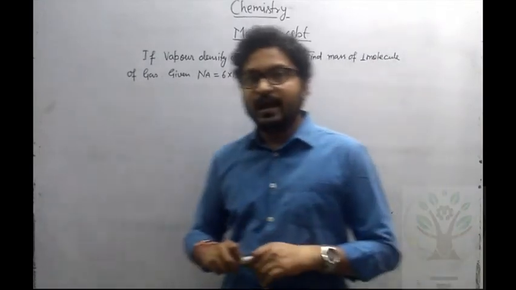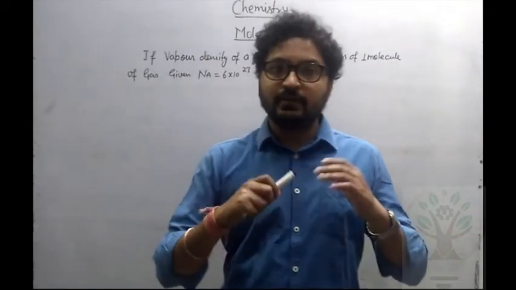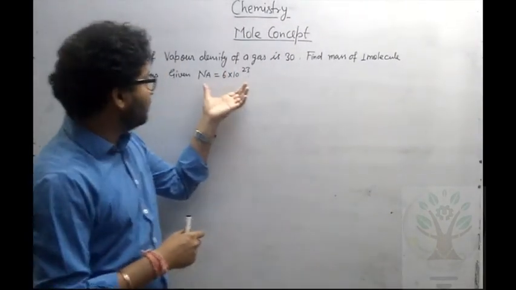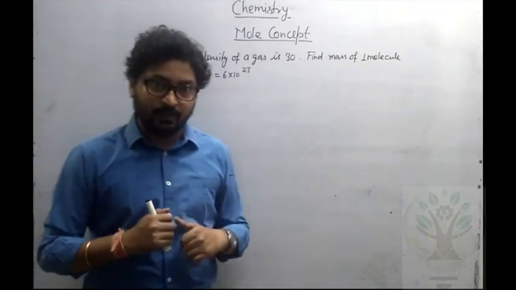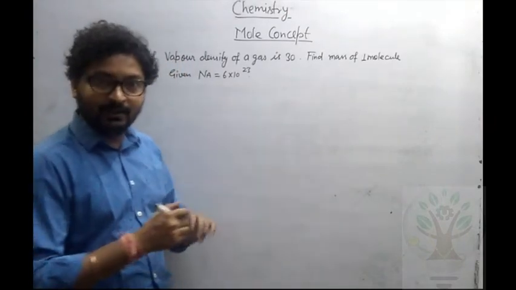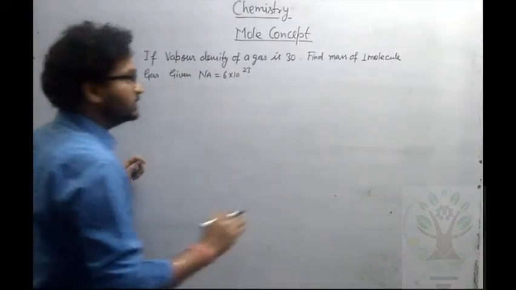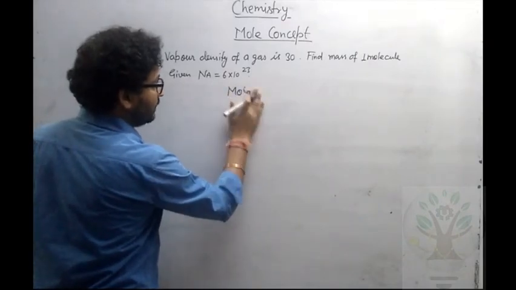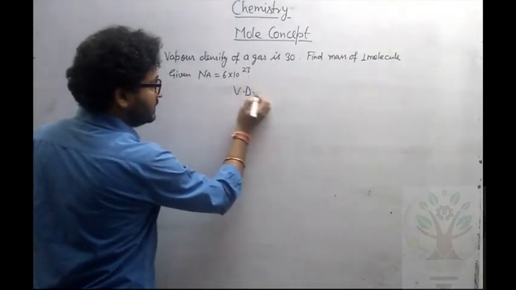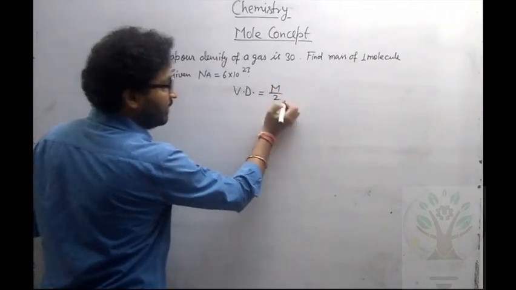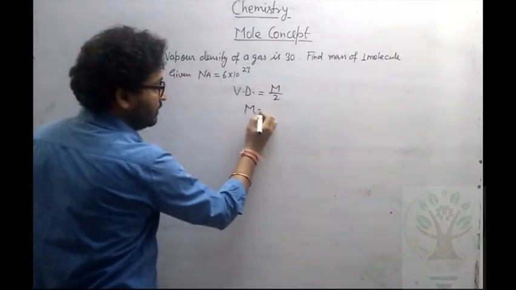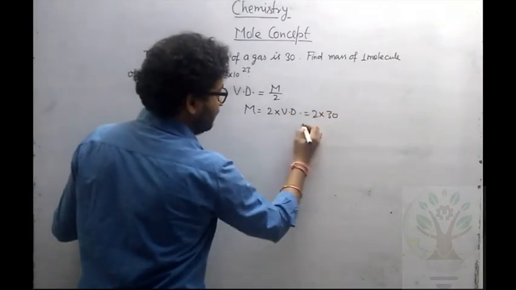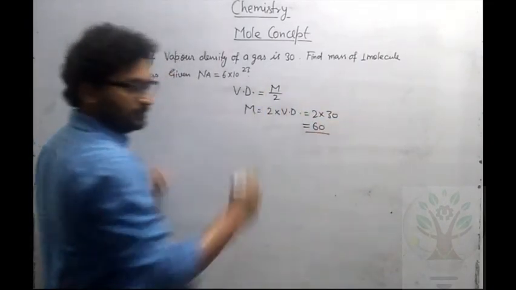If I somehow know the total mass and total molecules, then only can I find the mass of one molecule. So I will try to find the total mass and relate it with Avogadro number, which is given to me. Let's see how we can do this. Can you tell me the molar mass of this gas? Vapor density is molecular mass divided by 2, so M will be 2 times vapor density, which is 2 into 30, so it will come as 60.